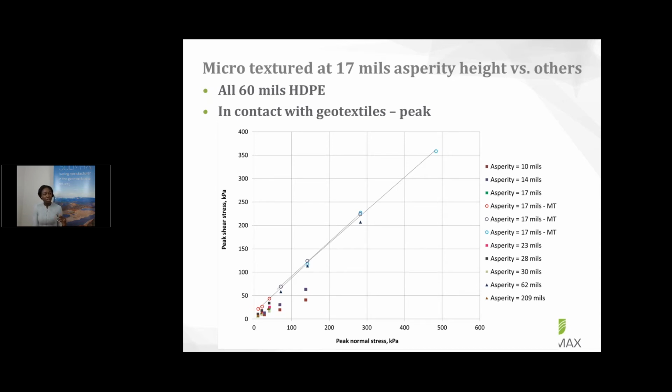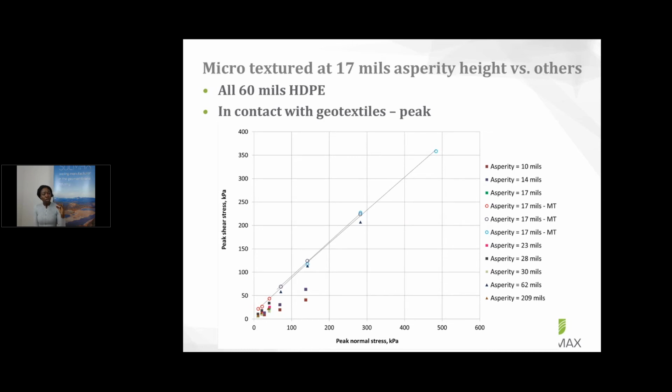And the graph on your screen there is the result for the testing in contact with geotextiles. So these are the peak shear strength on the vertical axis, and then we have the peak normal stress on the horizontal axis. So the lines that you see connecting the points are the lines for the microtextured.